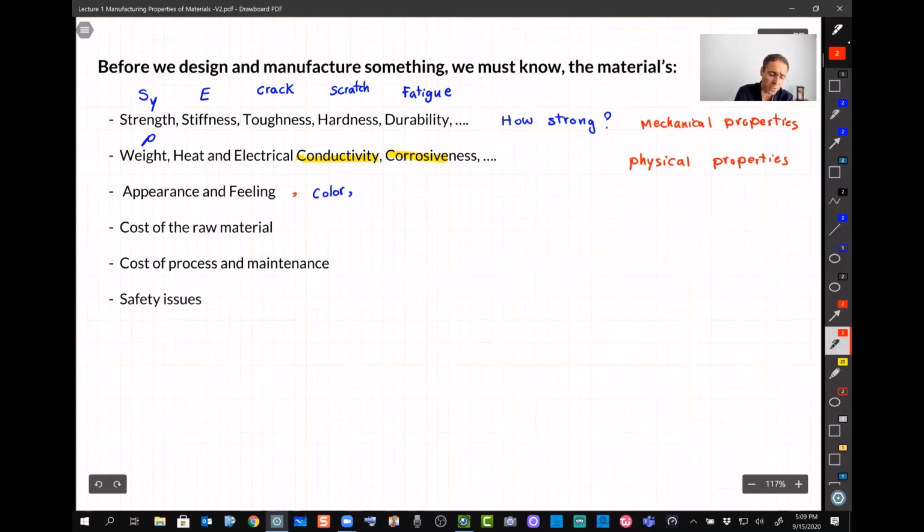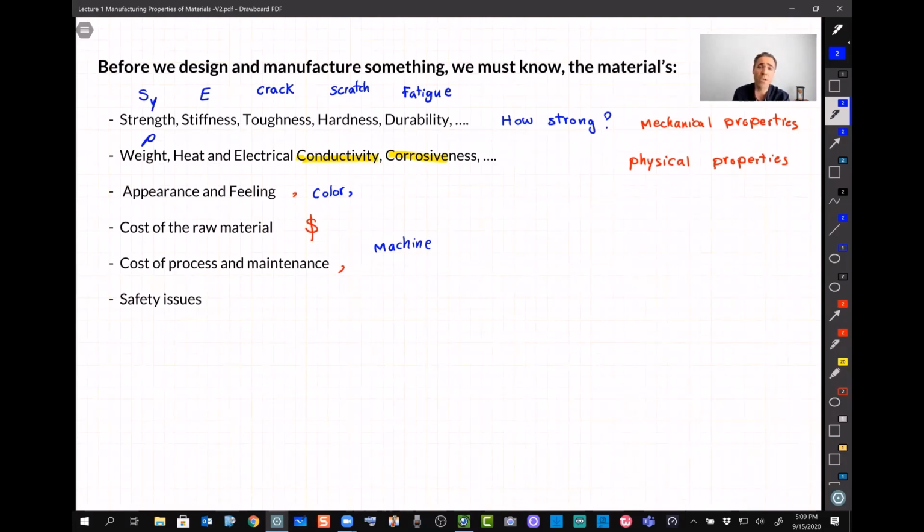What else? We need to know how much the raw material costs. And also we need to know how we want to process the material. Do we want to, for example, machine the material and make something? Then it is important for us to pay attention that it is machinable, or we can cut it.